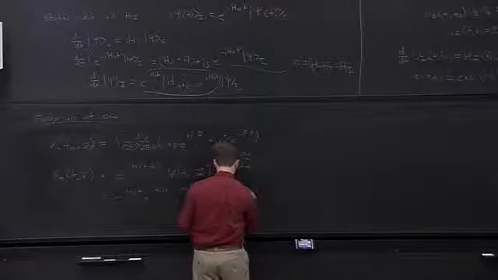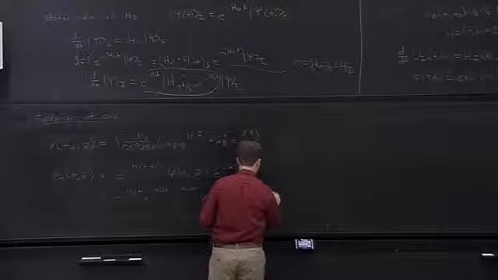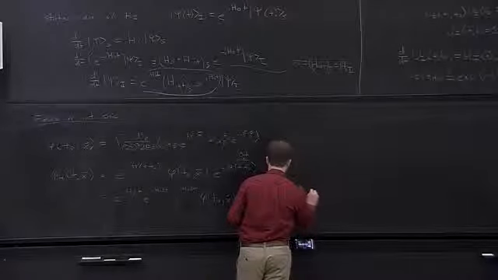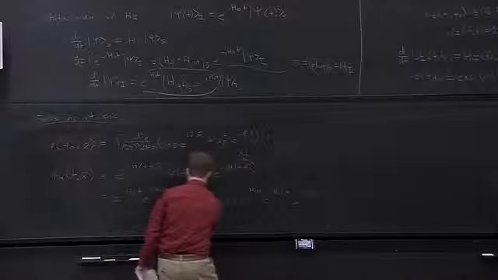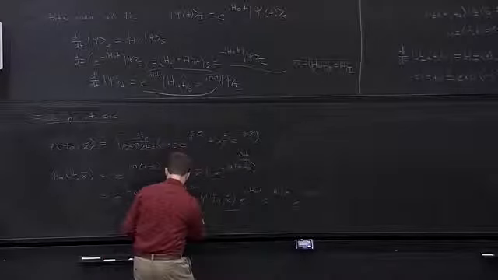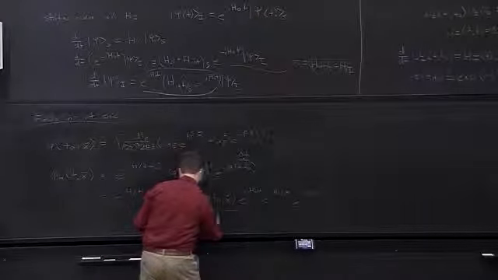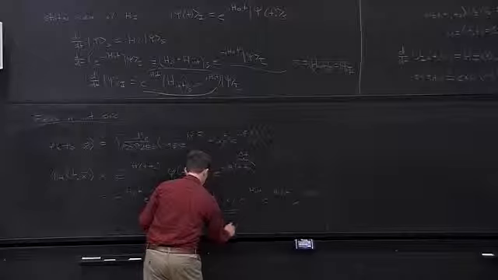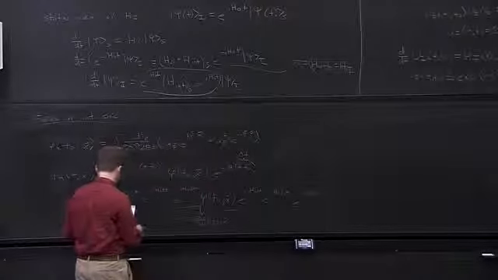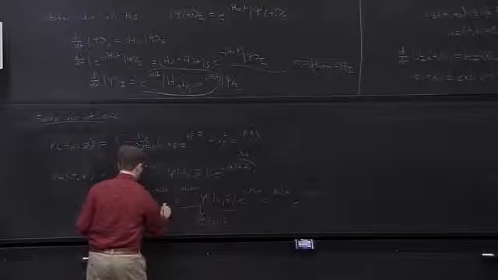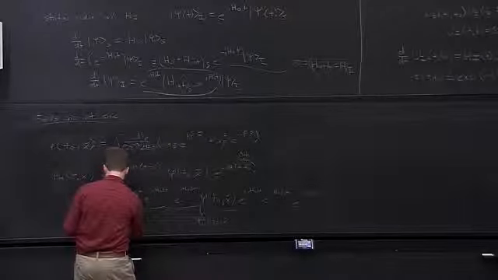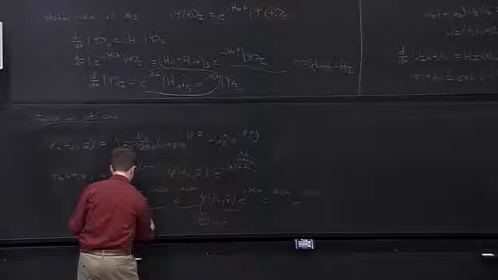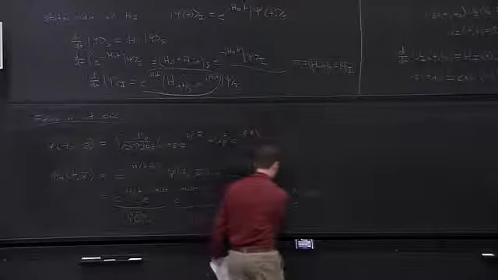And similarly over here, and identify this using the definition of the interaction picture operators as phi I. And this, I claim, is the same thing as the time evolution operator we just computed, or the conjugate of it.